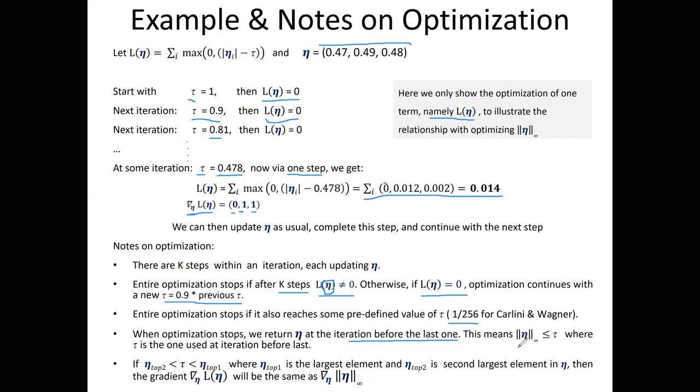So we do know that for that eta at the iteration before the current one, the L infinity norm is bounded by this tau. So we have discovered the tau in the previous iteration for which the L infinity norm of the change that we are making to the input is bounded by this tau. So we know that for sure.